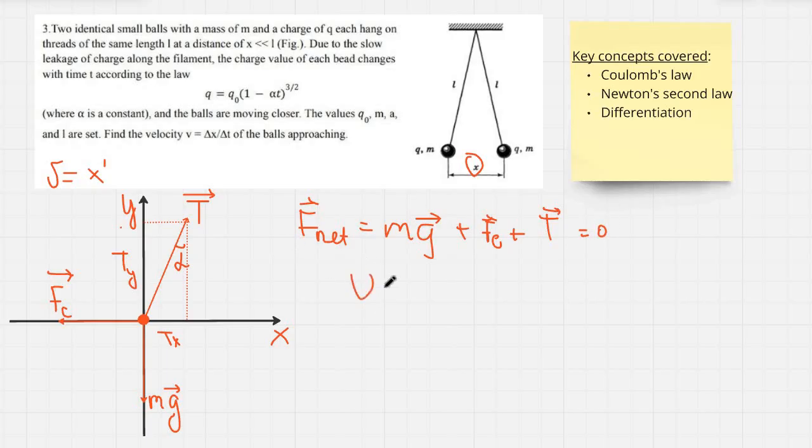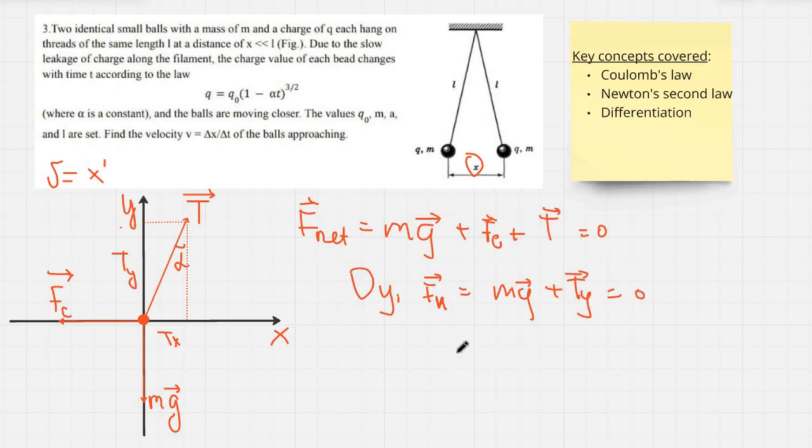Now let's write the net force for the y-axis. In the y-axis, mg and the tension Ty act. So mg plus tension T equals 0.